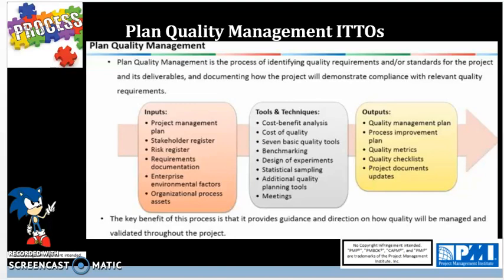Then you have the risk register, which is an output from identify risks, which is part of risk planning. Then you have enterprise environmental factors, or EEFs, which are factors that are not in the control of the project team that influence, constrain, or direct a project.